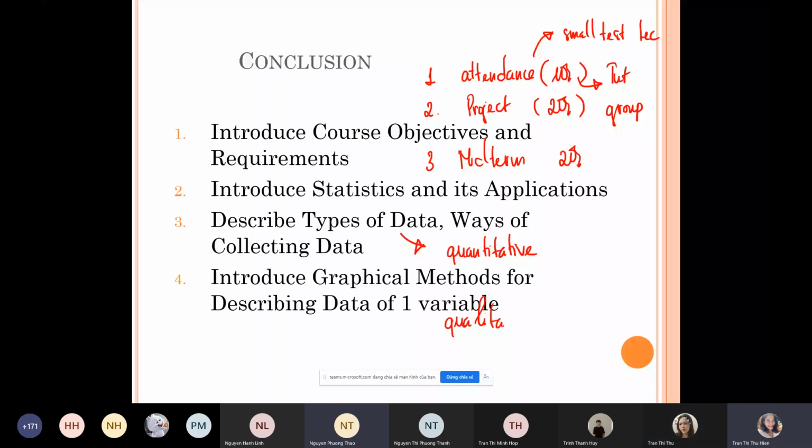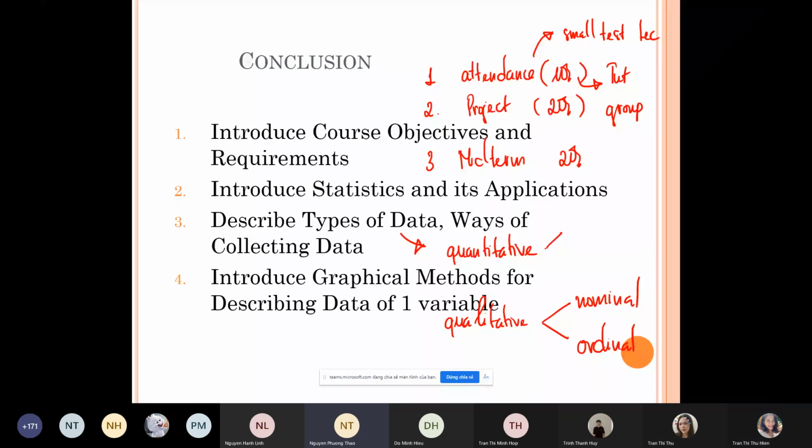Based on quantitative and qualitative, we have some scales of measurement: nominal, ordinal, interval, and ratio. For qualitative, we have nominal and ordinal. For quantitative, we have interval and ratio.